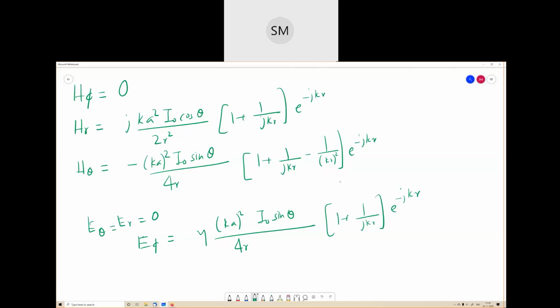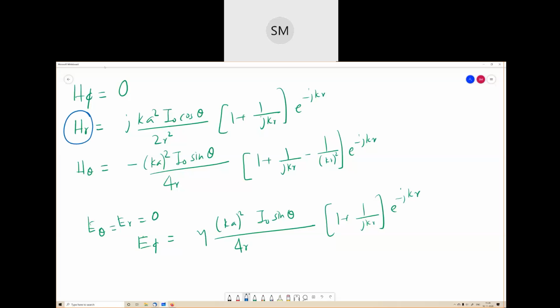So for far fields, how will the expression look? For the far field case, will this be there? Do we have this in the far field?